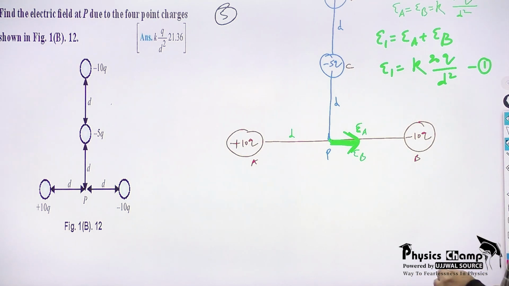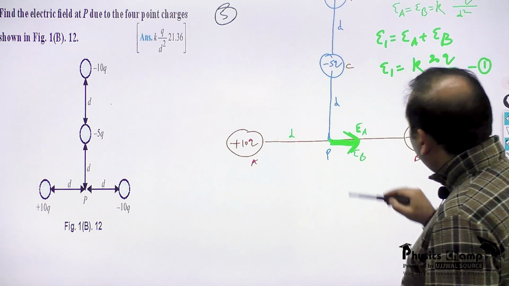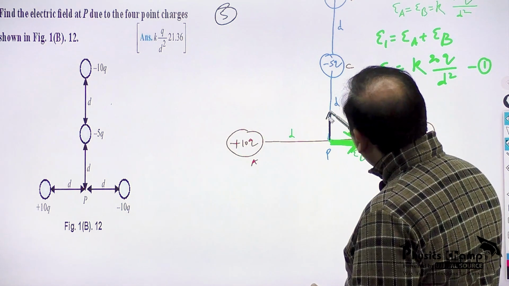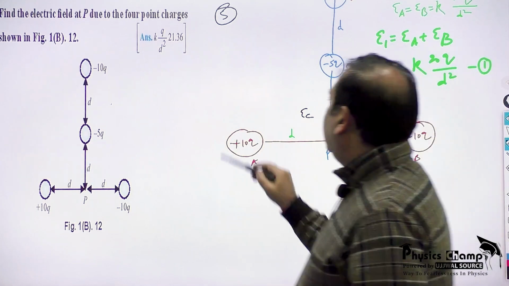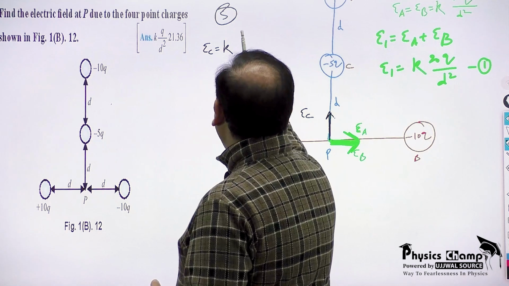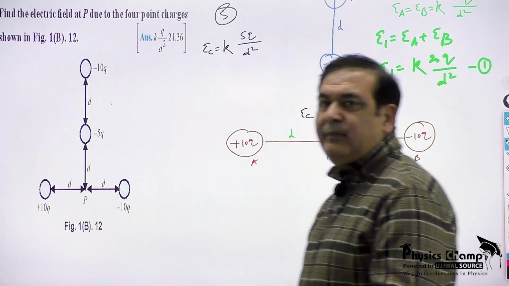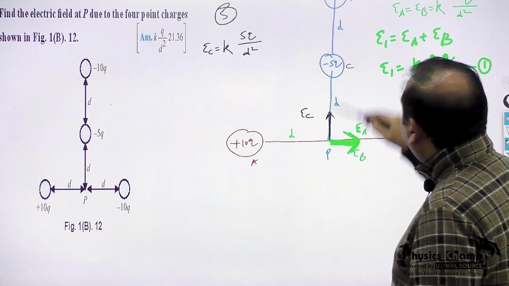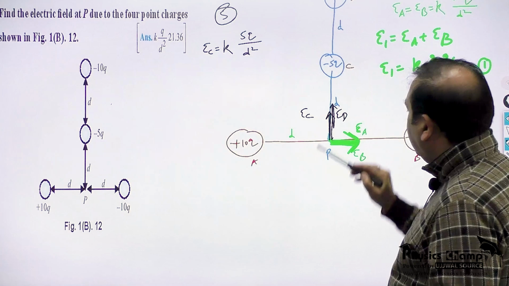Then let's talk about the another electric field now, which is due to minus q. Due to minus q, you will get one electric field here, EC. EC will have a value K into 5q by D square. And at point P, you have an electric field due to D, ED.